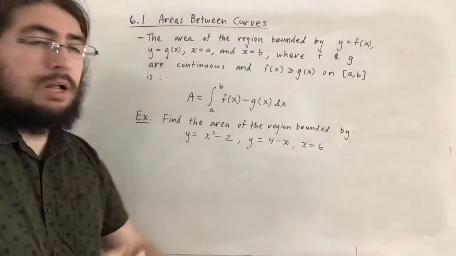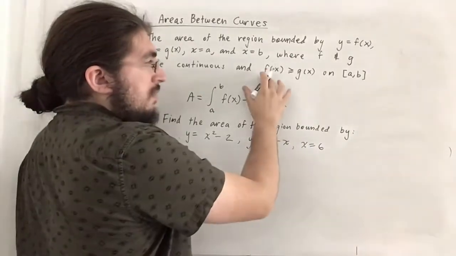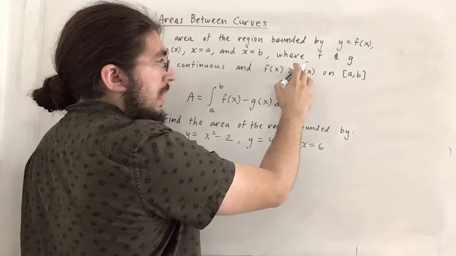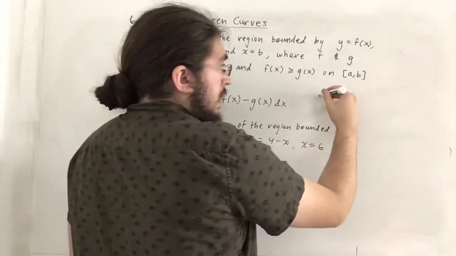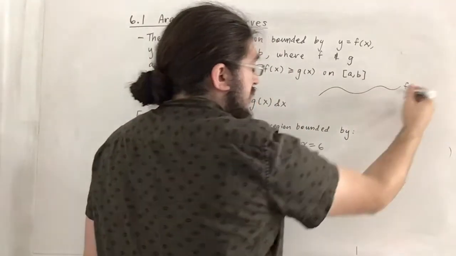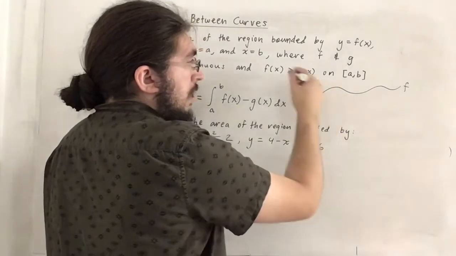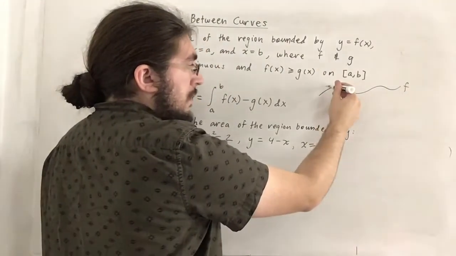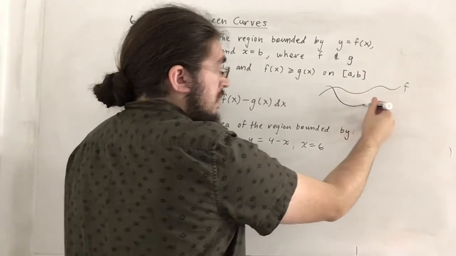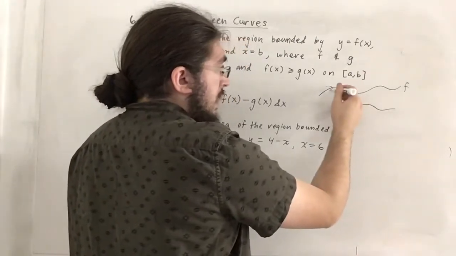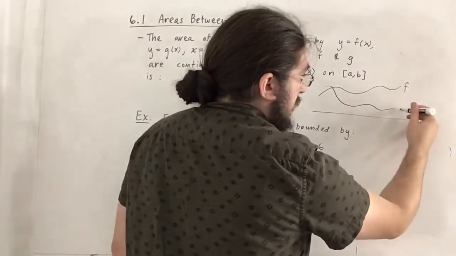A nice picture will help demonstrate that. Notice since f of x is greater than g of x for all x values in the interval a to b, you can think of f above g like this. Now it could possibly be equal to, so let's just imagine that it crosses somewhere here and otherwise not. So this is g.